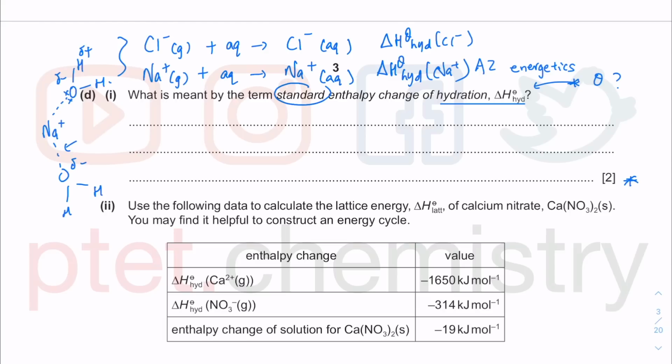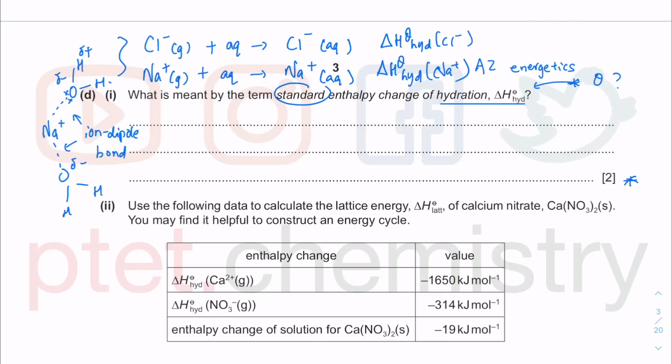This is what you call ion dipole bond. Ion from the cations or the anions, dipole from the delta plus delta minus of water molecule. You form ion dipole bond, whereas there's no interaction between the gaseous ions because they're so far apart, one of the assumptions for ideal gases, if you want to think of them as ideal gases.